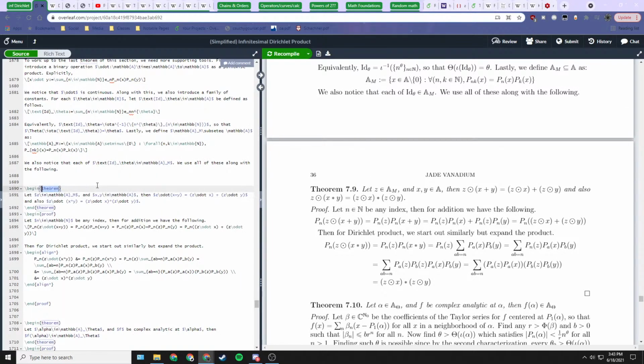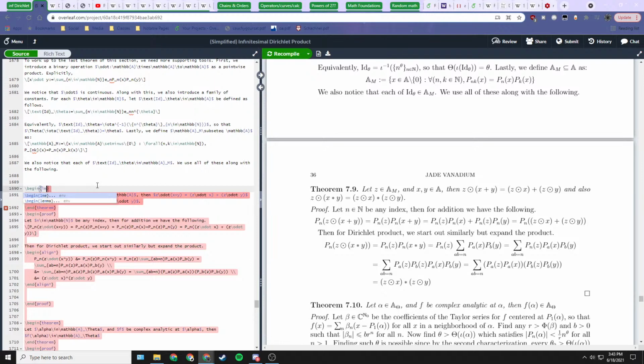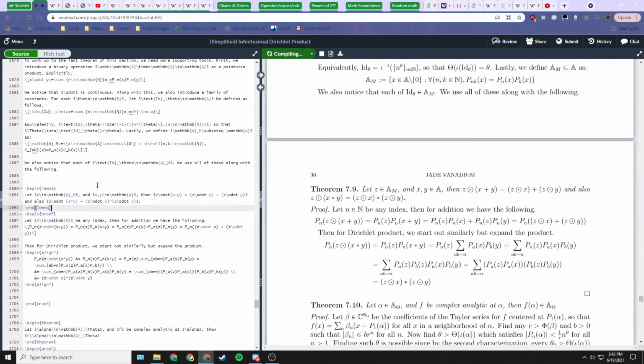We could also just call this a lemma, to make it clear that this just supports this one theorem.